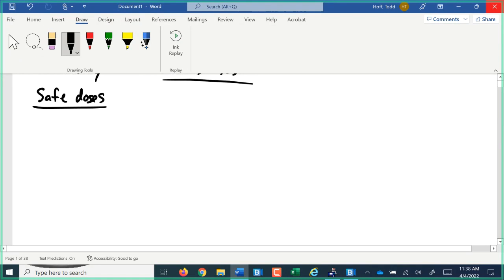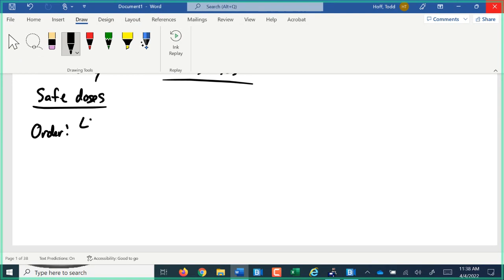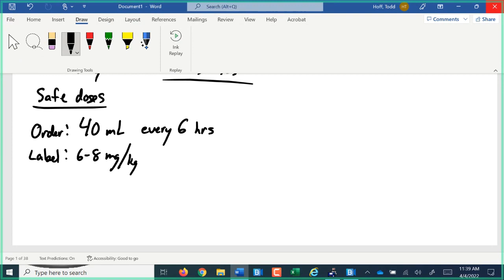So our first example is we're going to have a doctor's order, 40 milliliters, be administered every 6 hours. And we look at our label of our supply, and on that label it says 6 to 8 milligrams per kilogram every 8 hours.